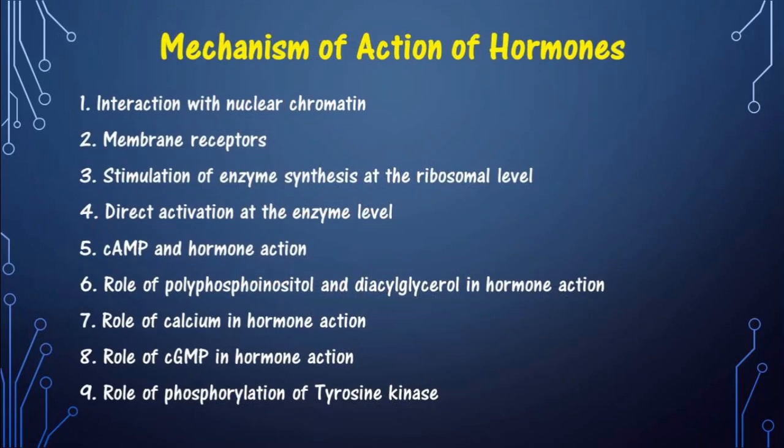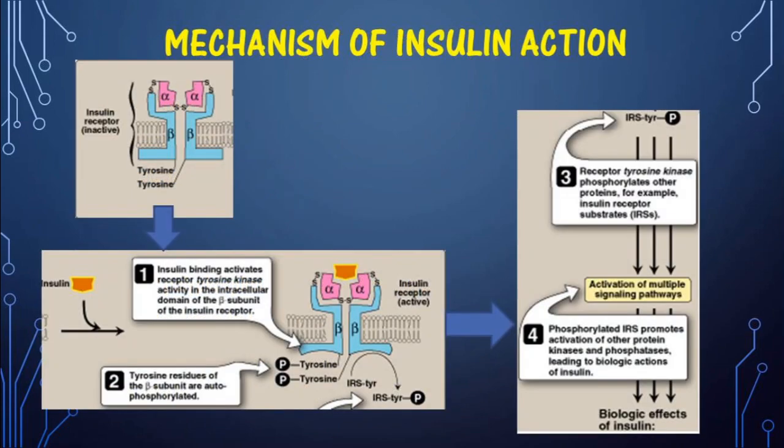So finally, you have the role of phosphorylation of tyrosine kinase. So we'll just see an example, which is insulin action. So insulin is a tyrosine kinase hormone, and it's called a tyrosine kinase hormone because it has tyrosine molecules in the insulin receptor.